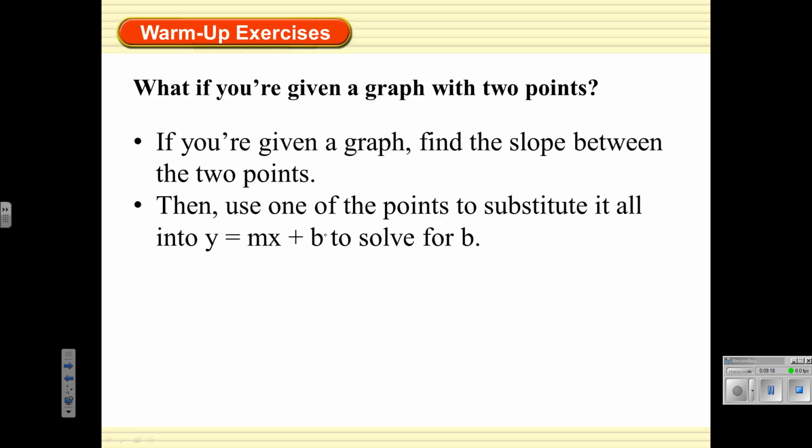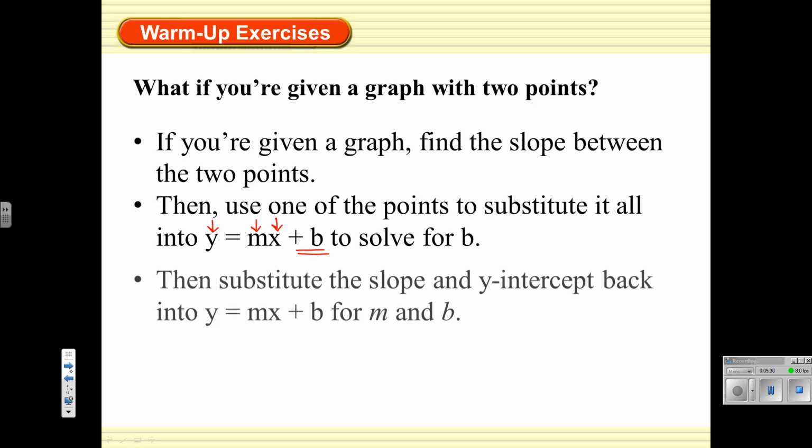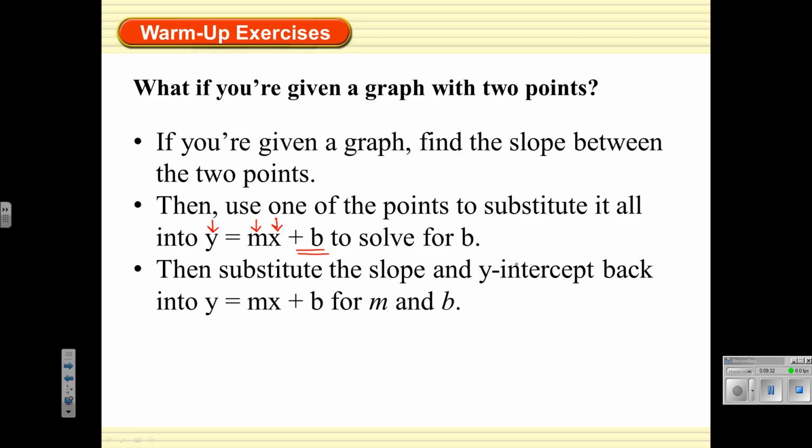So just like we did with example 2, pick one of the points and use the y-coordinate here and the x-coordinate here and the slope you just discovered and solve for b. Then obviously substitute the slope and the y-intercept back into your slope-intercept form for your m and for your b.